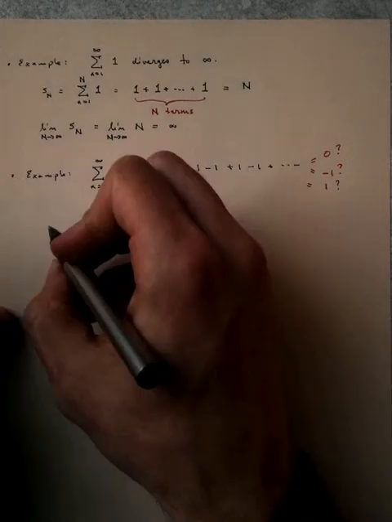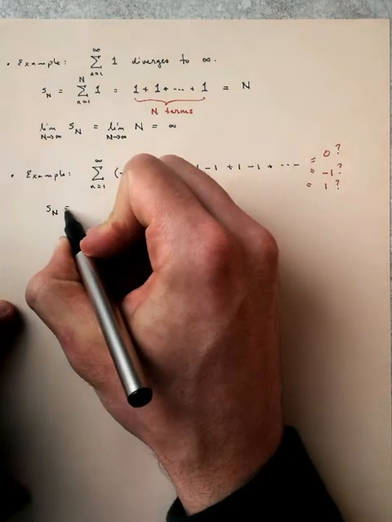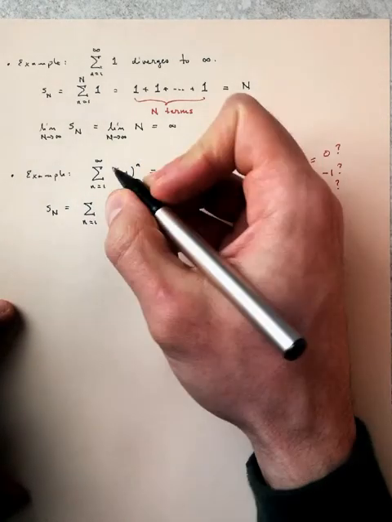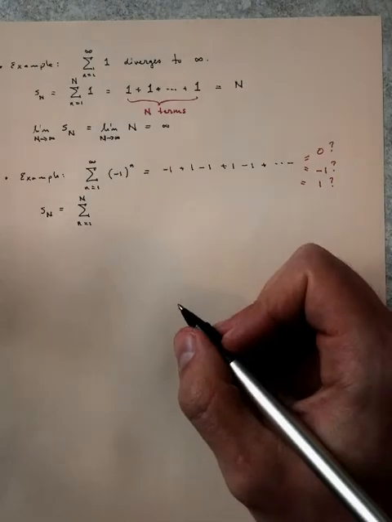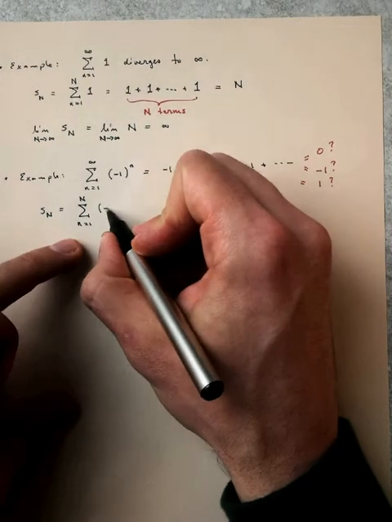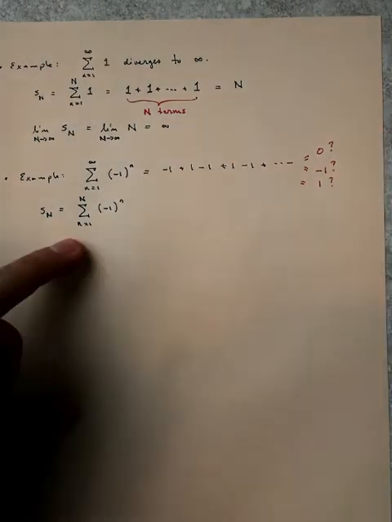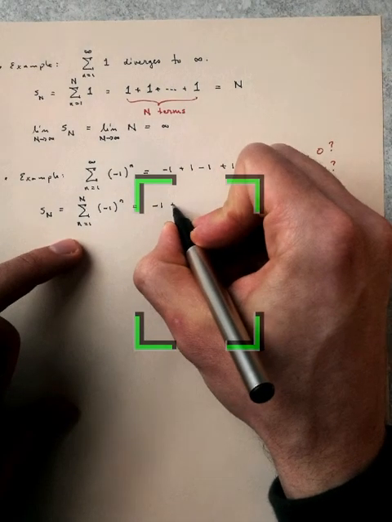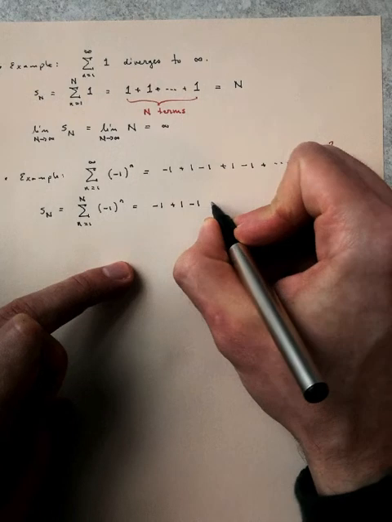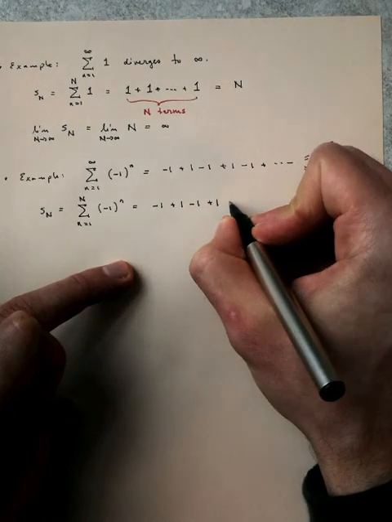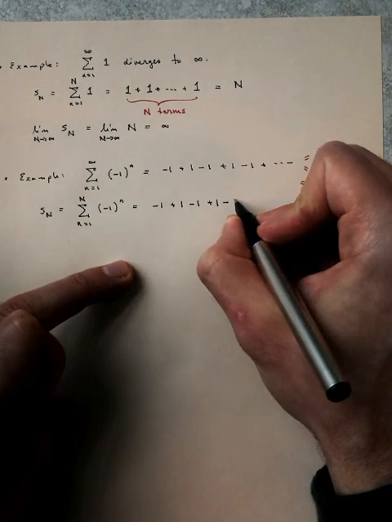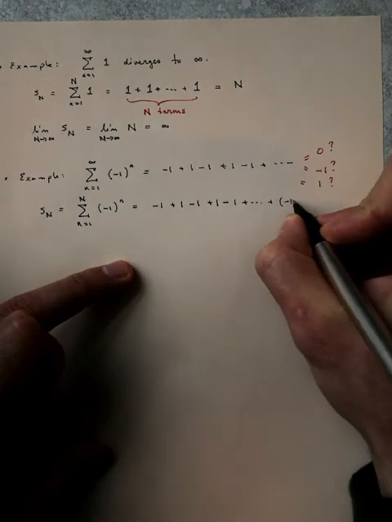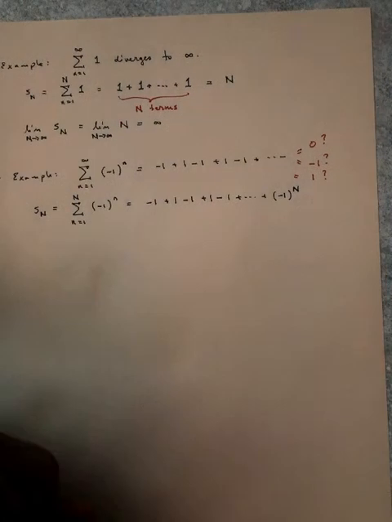But we're just going to use the definition, the partial sums. So this is equal to the sum from n equals 1 to N of negative 1 to the n. So this is equal to negative 1 plus 1 minus 1 plus 1 minus 1 plus all the way up to plus that.